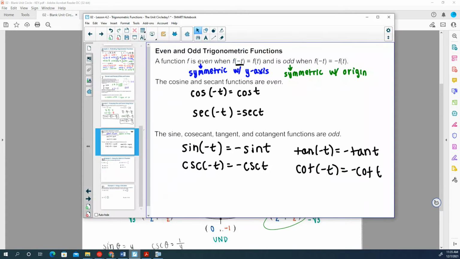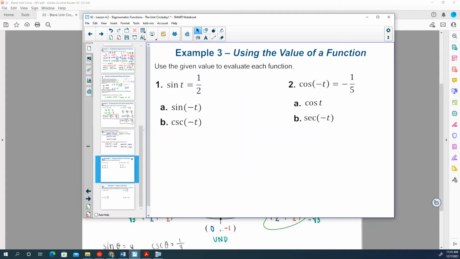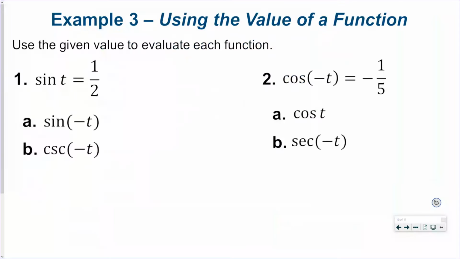Okay, so know those. Here's an example problem with each of these. It says use the given value to evaluate each function. So you're telling me the sine of some angle is 1/2. You don't have to find the angle. I mean, I know you could have your unit circle and find the angle that has a y coordinate 1/2, but you don't even have to do that.